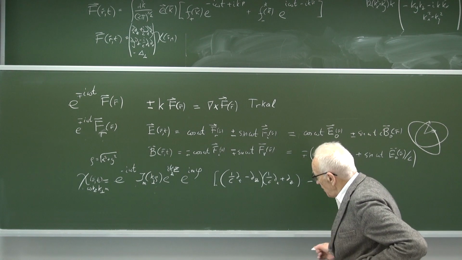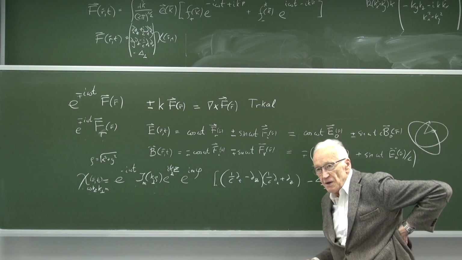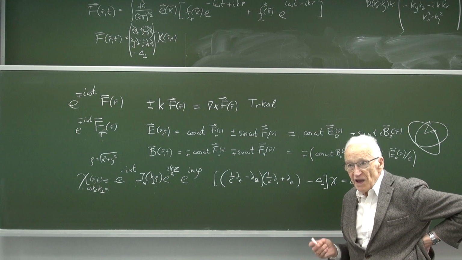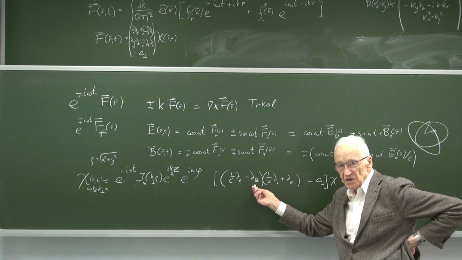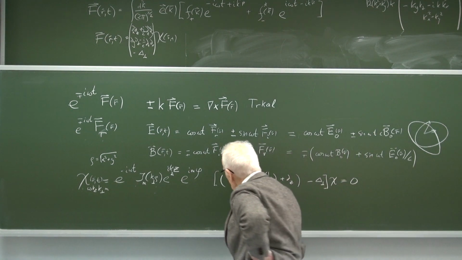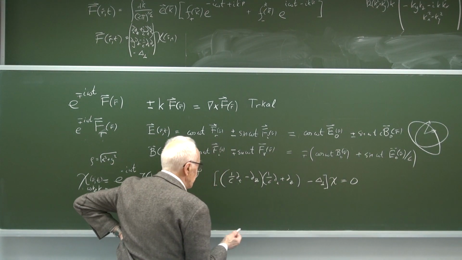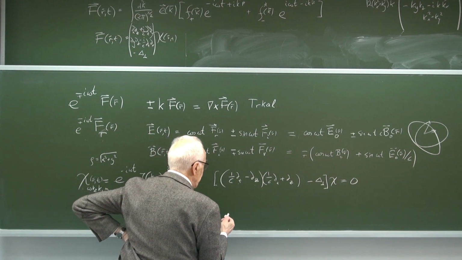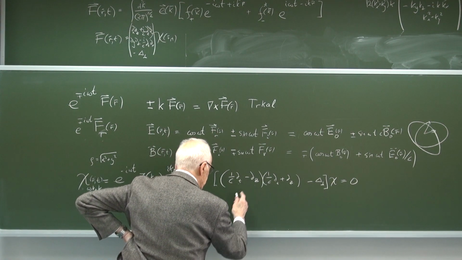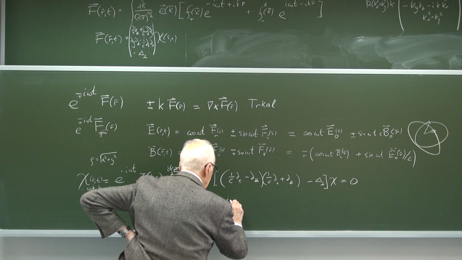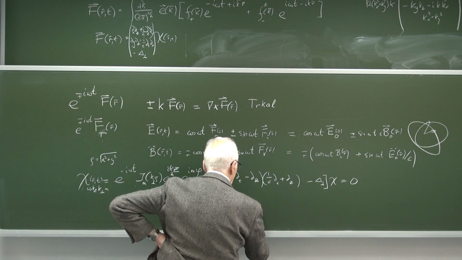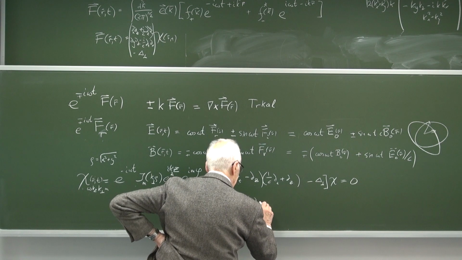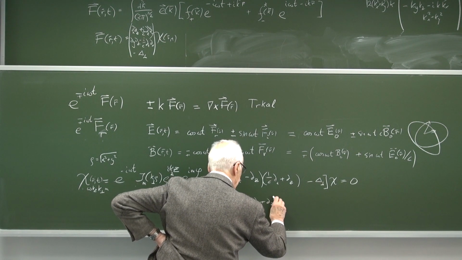Now suppose we look for periodic wave solutions with respect to this variable. So if the period is defined by some coefficient omega, then this becomes i omega divided by c, and then we have 1/c ∂t + ∂z.